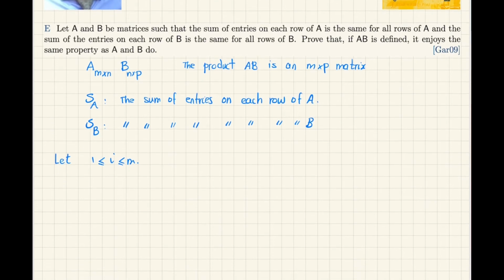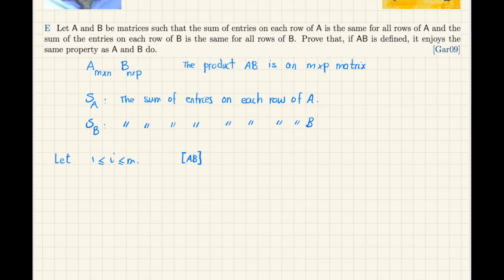The entries on the ith row of this matrix are these numbers, yes? So AB i1, the first entry on the ith row of this product. Then the next one is AB i2, the second entry on the same ith row of this product.